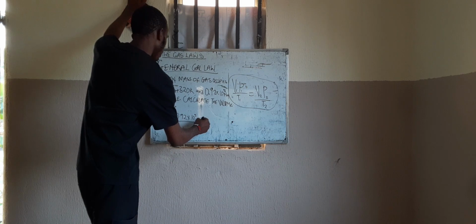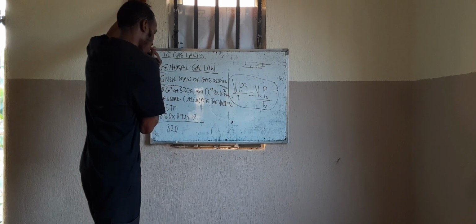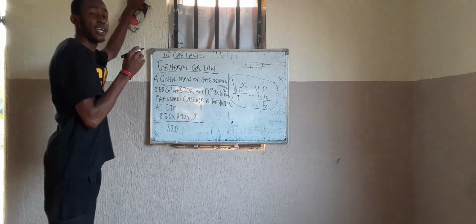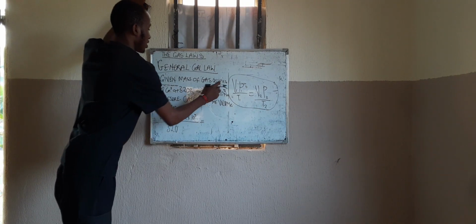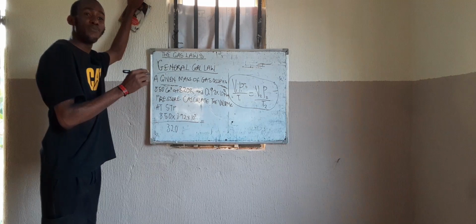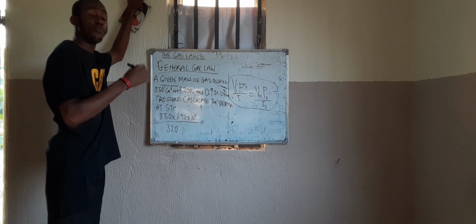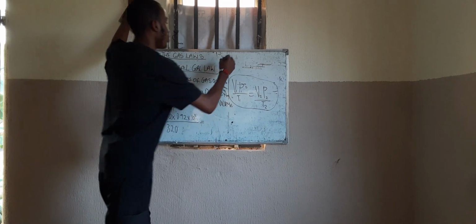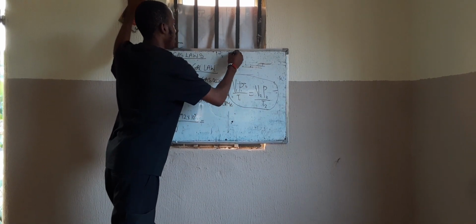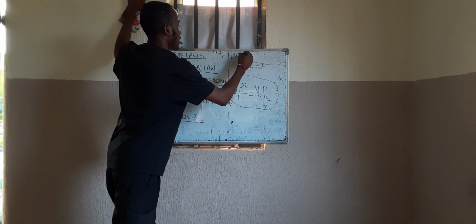At STP, you can see that the quantities given to us here are not complete. So at STP means you have to bring in the values you have at STP. STP means standard temperature and pressure.